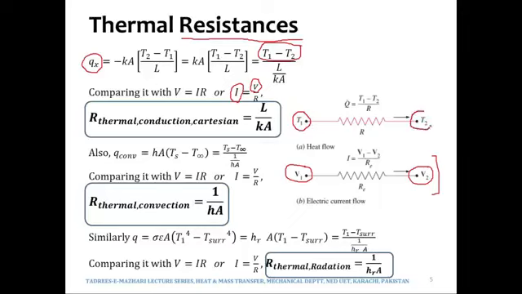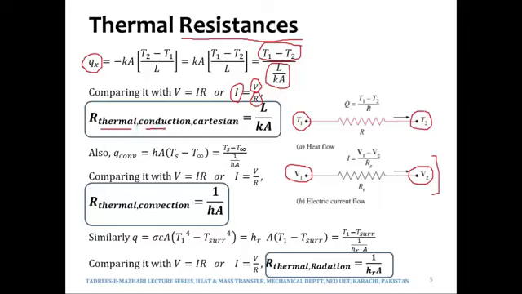So this temperature difference will in fact be the driving force for the heat flow, and whatever is there in the denominator is the resistance. Whatever is there in the denominator is the resistance. Therefore whatever we have in the denominator, L over kA, would be the resistance. So L over kA would be the thermal resistance, because we are dealing with thermal networks.